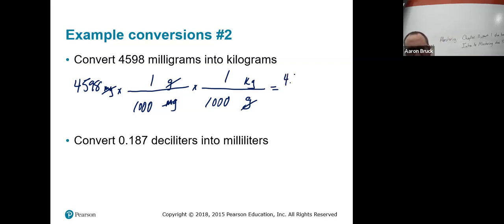And you get 4.598 times 10 to the negative third kilograms, or if you keep it in decimal format, 0.004598 kilograms.